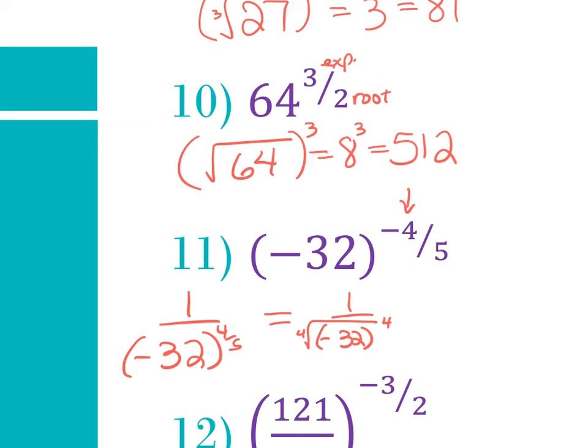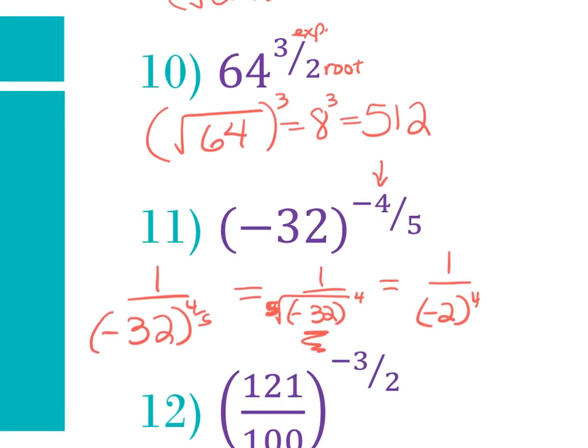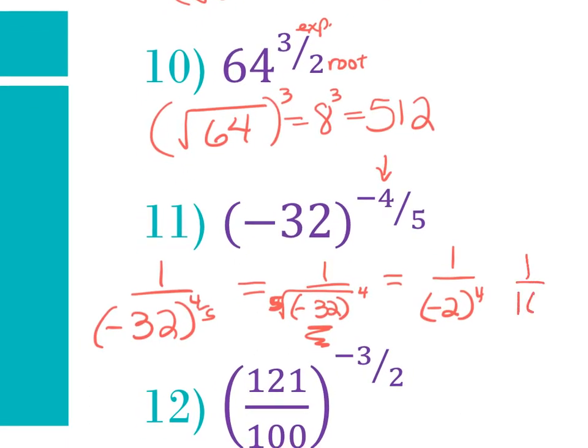Now, when your exponent is an odd number, we can find the root of an odd number index. But if it's an even number and this number is negative, we can't do it yet. So I'm going to find the 5th root, sorry, that's a 5. 5th root of negative 32 is negative 2. Then I'll raise that to the 4th power, and that gives me 1/16.